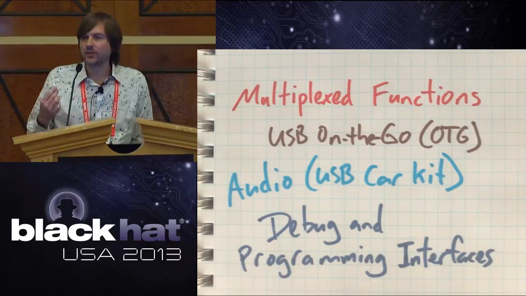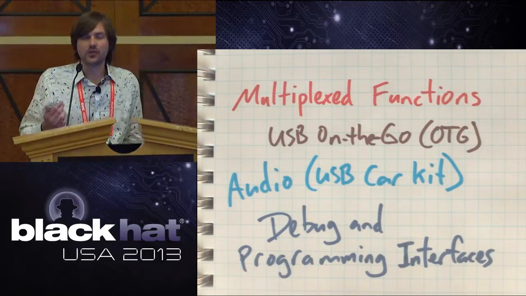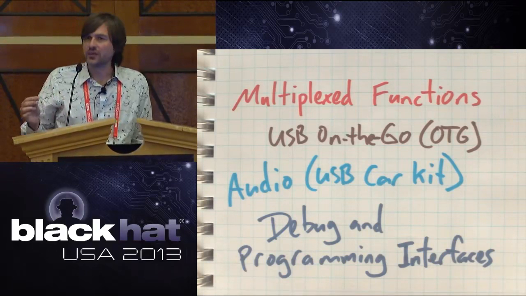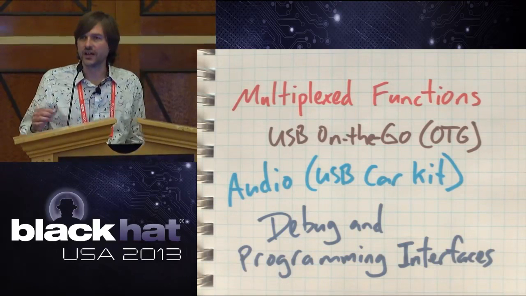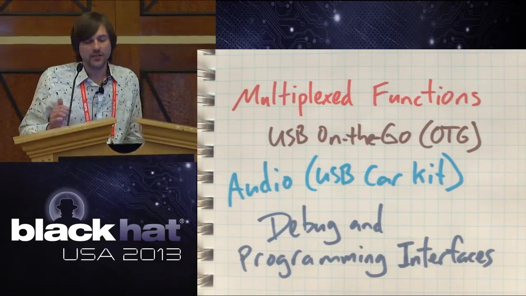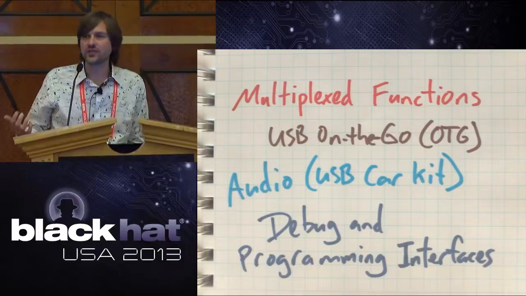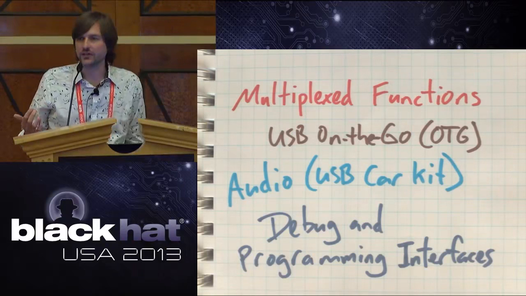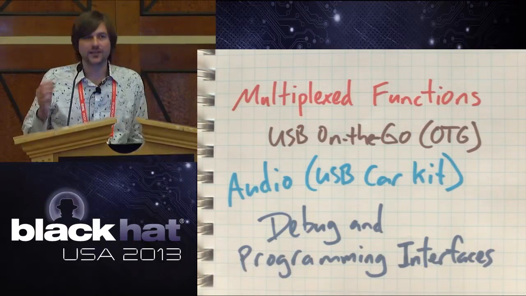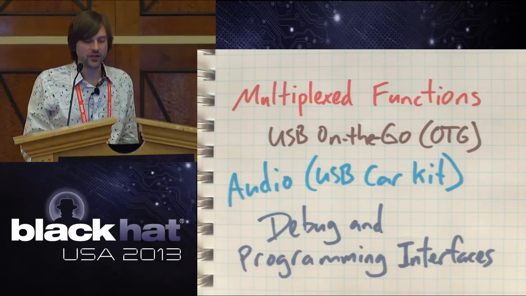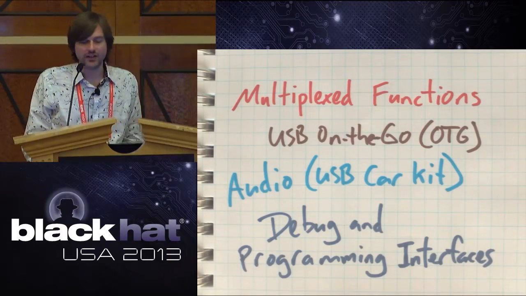And another is audio, where the USB car kit standard actually allows the USB connector to carry audio data in an analog form. Another is, and this is the stuff we're most interested in, that we see a lot of debug and programming interfaces accessible through the USB connector and through that multiplexer IC.